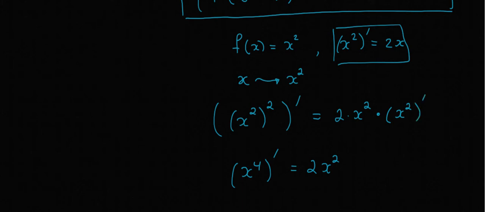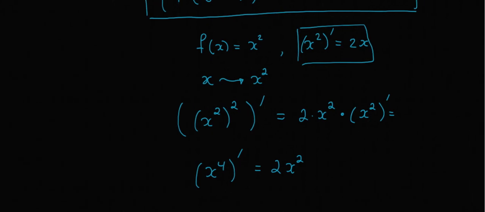So in this case you need to multiply by the derivative of x squared, which is 2x, and then the formula becomes the derivative of x to the 4th equals 2x squared multiplied by 2x, and that of course is 4x cubed. Now that gives us the correct result for the derivative of x to the 4th.